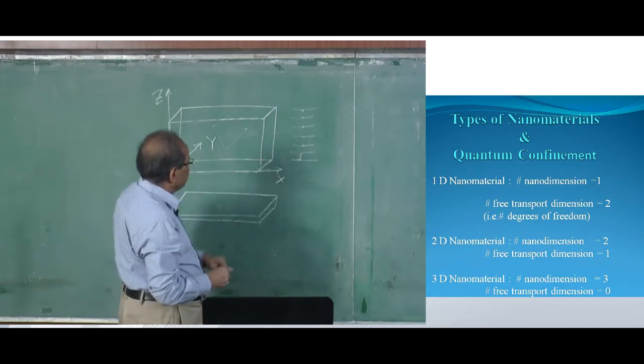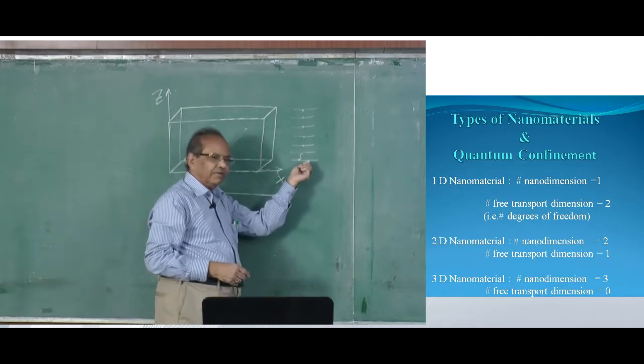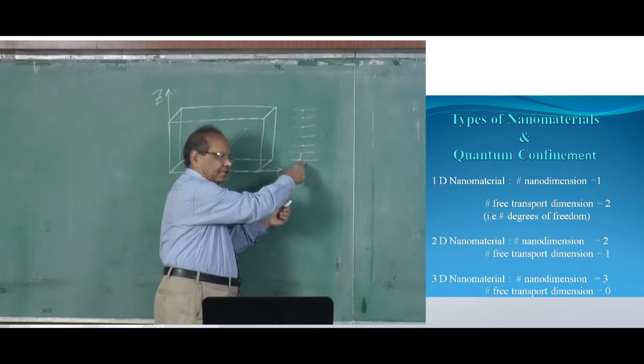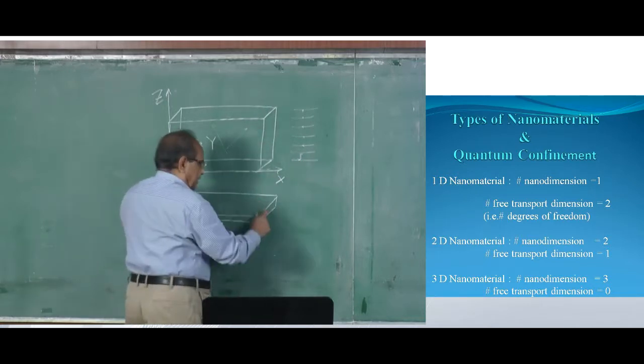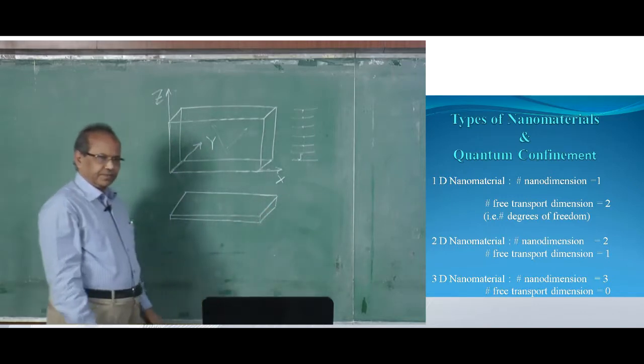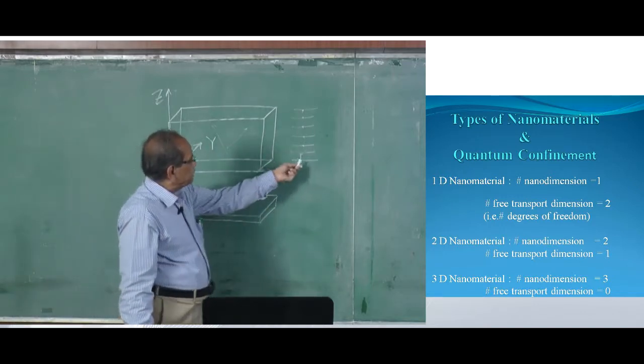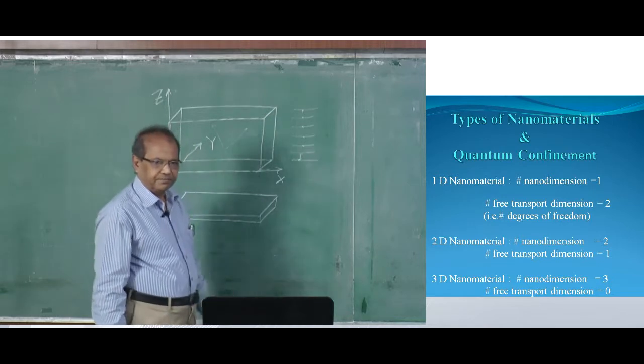And also, the number of electrons in the particular level will change. How many electrons here? Suppose it is say 100. But if you come here, it will be changing. So, the electron distribution in the different energy levels will change.